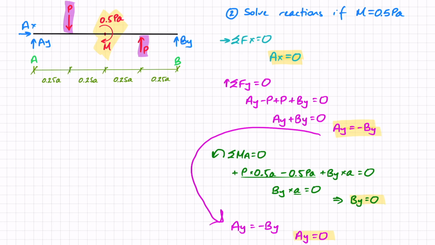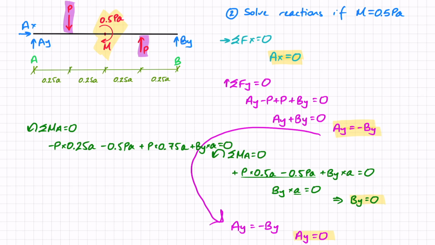So recognizing the coupled force in this case made this much quicker to solve. We could still solve it the same way that we did before, and we would get the same result. Let's do that quickly just to check. So if I say sum of moments around A equals 0, and I just do it force by force, from the first force I get minus P times 0.25a, then I get the moment, so minus 0.5pa, then I get this additional P, which is plus P times 0.75a, and then I have that force, so plus BY times a, and all that has to equal 0.